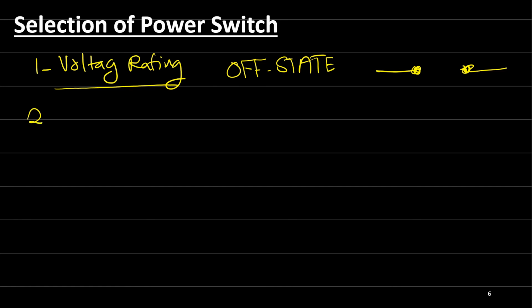The second characteristic is the current rating. The current rating is the maximum current that the switch tolerates during the on state.